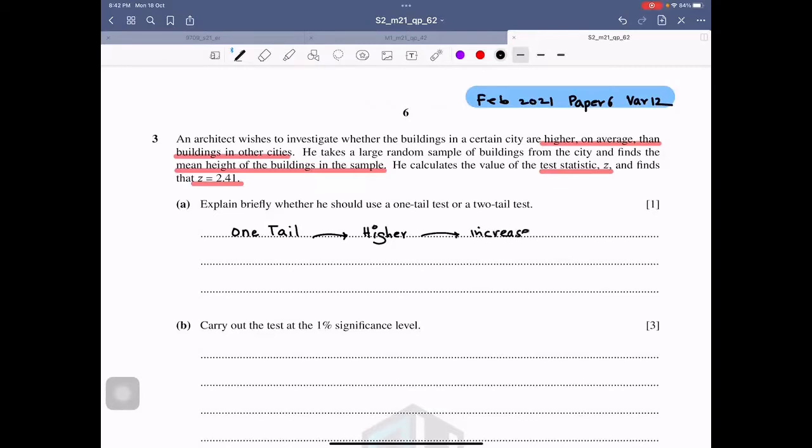You cannot say that since Z is positive, let's use a one-tail test. That's the wrong logic, because if it were a two-tail test, the Z value could come out positive or negative. So that's not the criterion. The criterion lies in the wording. Since it's talking about higher, about an increase, that's why it's an upper tail, one-tail test.